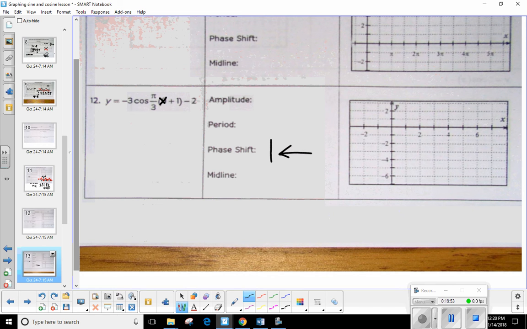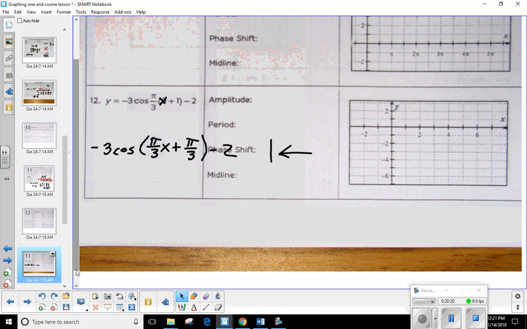Okay. Now, personally, for the phase shift, I prefer to go ahead and factor out that B coefficient rather than use the formula. But if you want to use the formula, please feel free. Okay. Here's one thing I would tell you. I would go ahead and multiply the pi over 3 back through. So negative 3 cosine of pi over 3x plus pi over 3, minus 2.